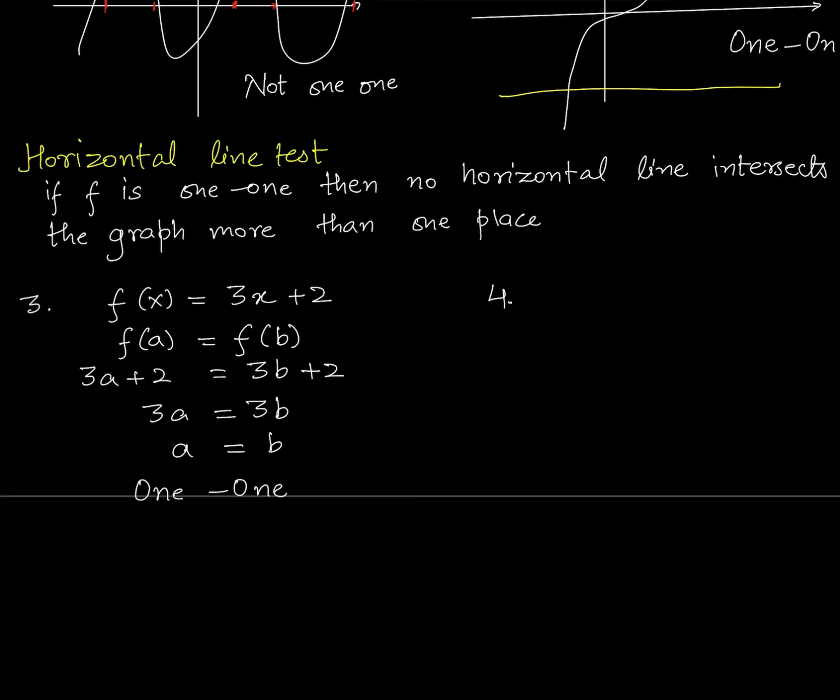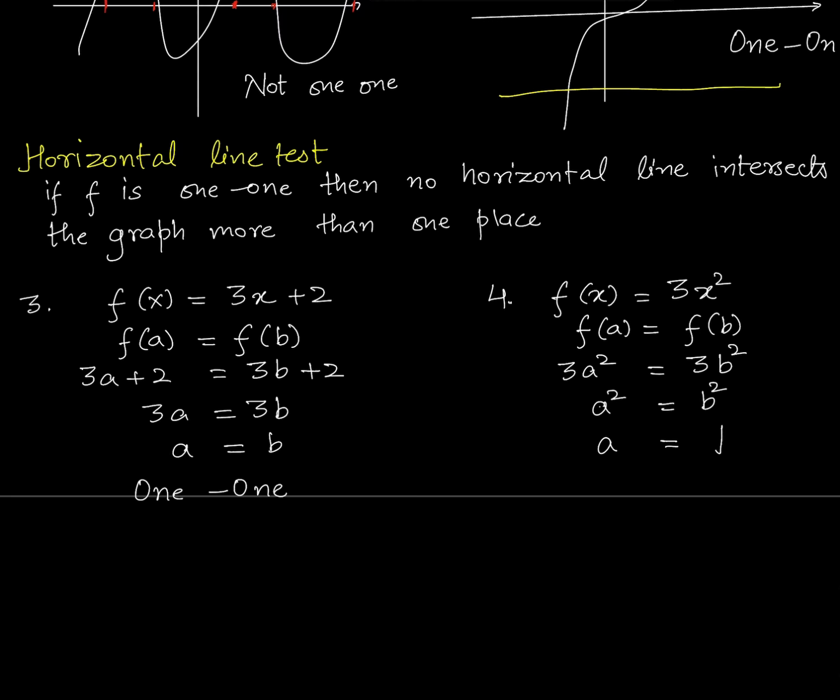Next example, let's say if you have 3x squared. So again, you will start by assuming f of a equals f of b. So replace x by a to find f of a, x by b to find f of b. Divide by 3 both sides, and then take square root. So what I'm trying to find is the value of a. But whenever we take square root, we put plus minus sign in front.